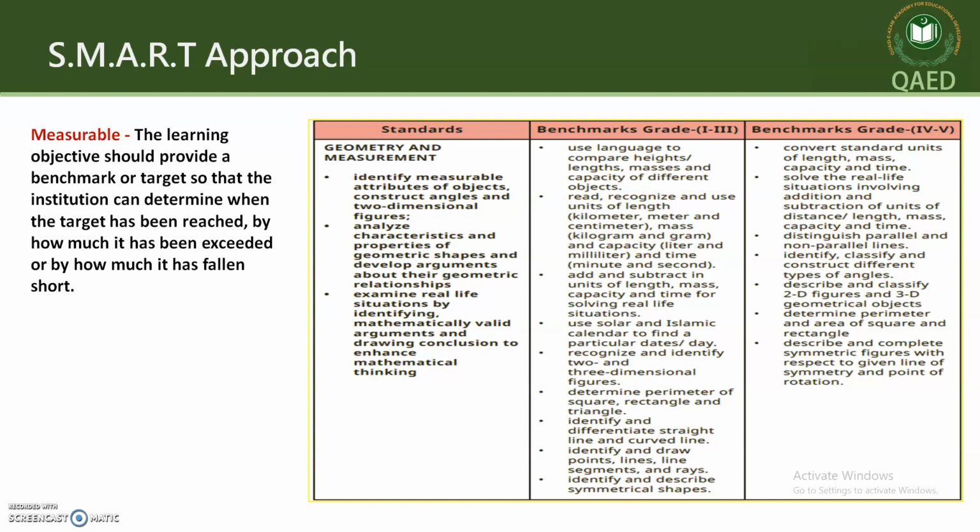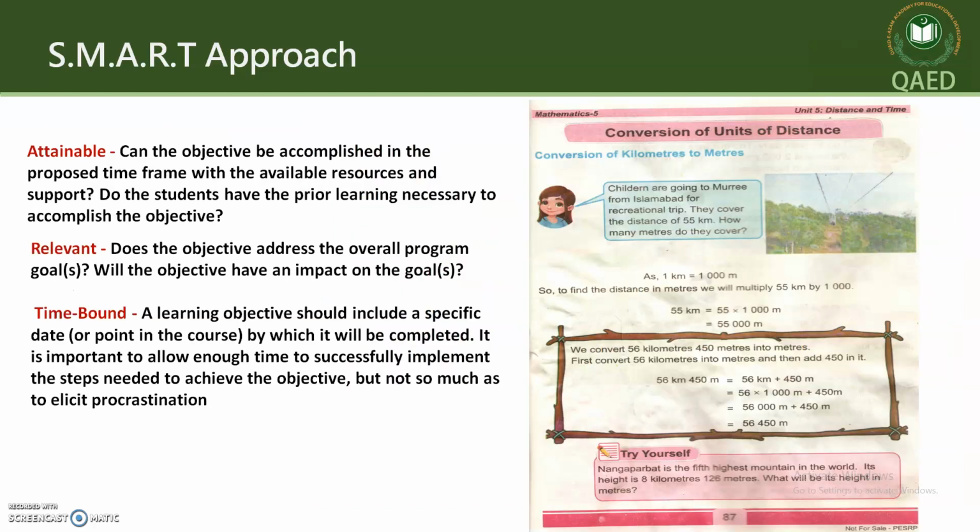The third one is attainable. Can the objective be accomplished in the time frame with the available resources and support? Do the students have the prior learning necessary to accomplish the objective?